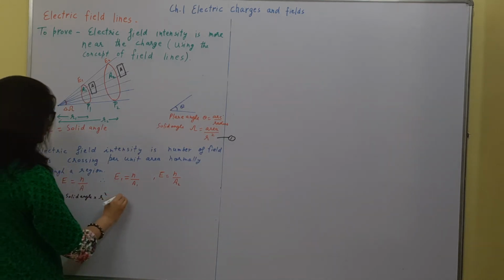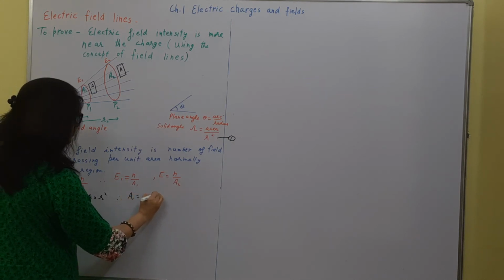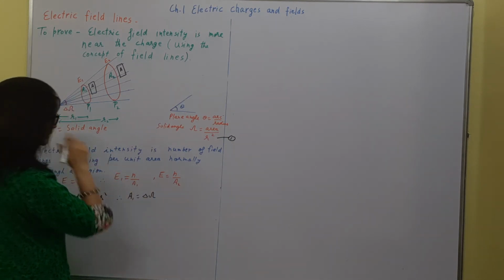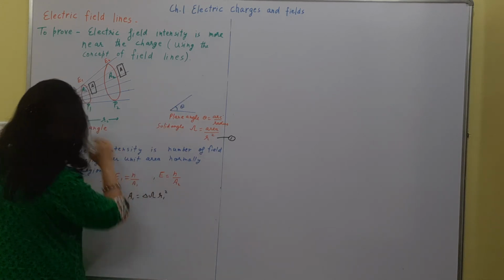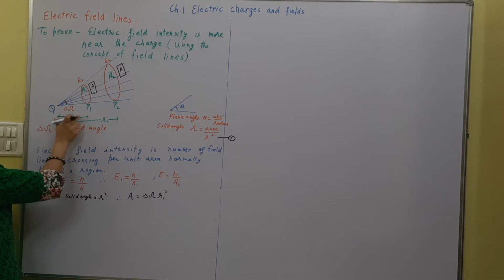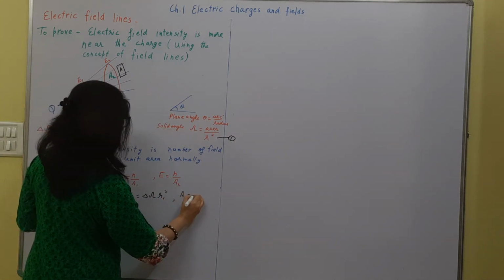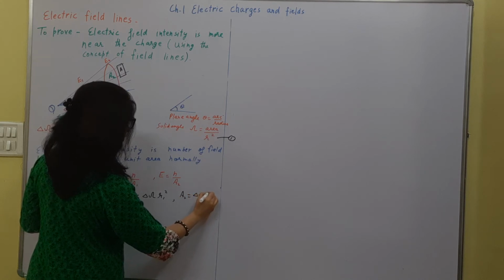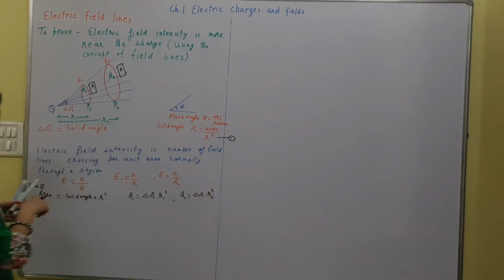So therefore I can write A1 is equal to delta omega, that is solid angle, into R1 square, because for this area this is the radius. Similarly, A2 is equal to delta omega into R2 square, right? I hope this is clear.